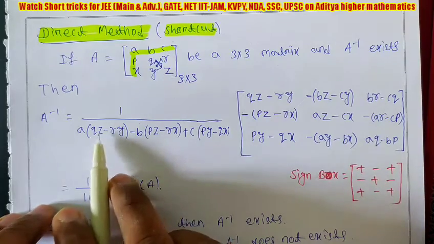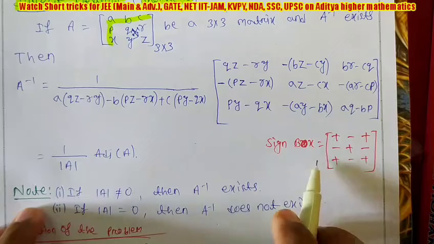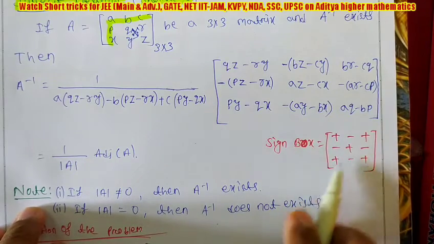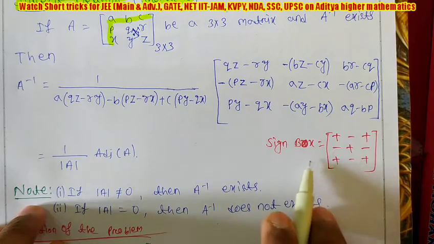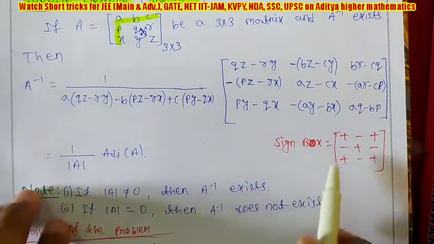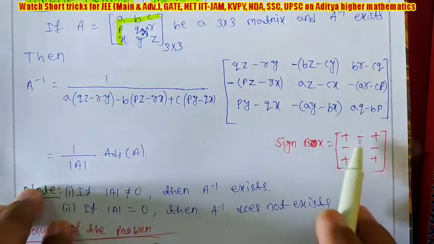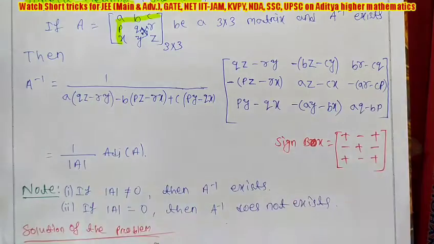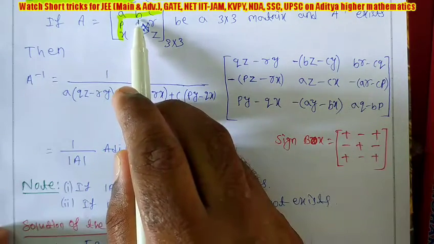Understood? And the middle sign you have to use is minus. Then I have given one sign box here: plus minus plus, minus plus minus, plus minus plus. For the corresponding or respective elements, you have to use this sign. Understood? Since the first sign is plus for the first element, use plus. Next it is minus, so use minus. What you have done for A, similarly you do for B.